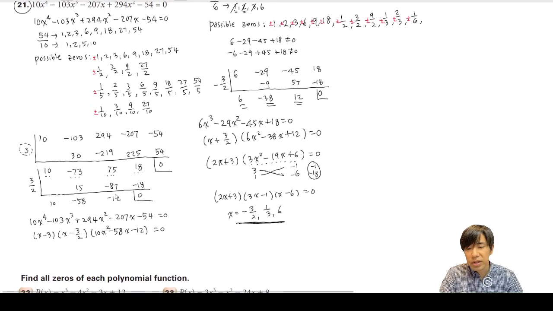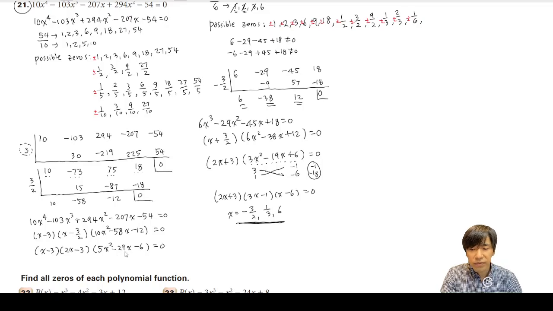So as you can see, these coefficients are all even numbers. So I'm going to factor out 2, and then multiply that 2 to this factor, so that I can get rid of this denominator 2. So you end up with (x minus 3)(2x minus 3) times 5x squared minus 29x minus 6 is equal to 0.